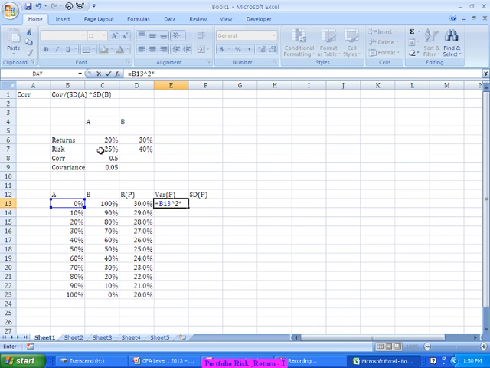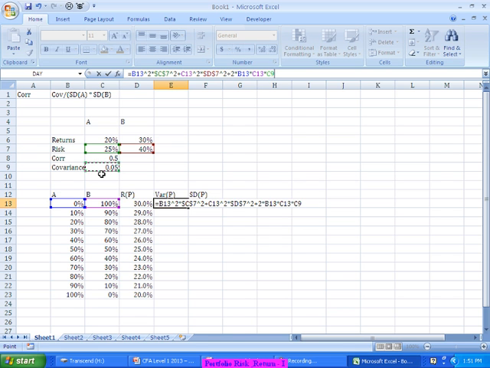The variance of the first one is nothing but the standard deviation squared, plus W2 squared times the variance of the second, so the standard deviation of this squared, plus 2W1W2 times the covariance between the two.